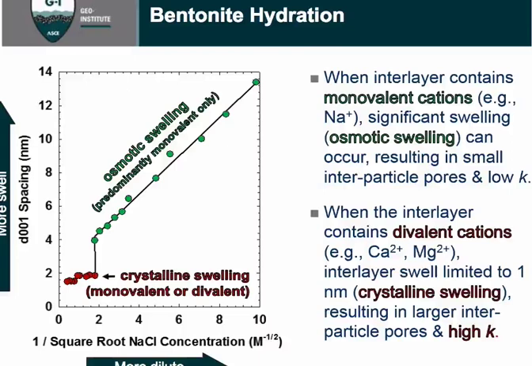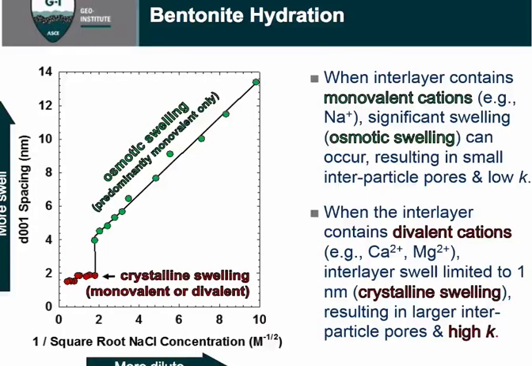Sodium bentonite hydrates in 2 domains. The first domain is called crystalline hydration, and this is the first 4 layers of water molecules that wet the mineral surface and hydrate the mineral. This hydration results in some swelling of the clay, but not a huge amount.